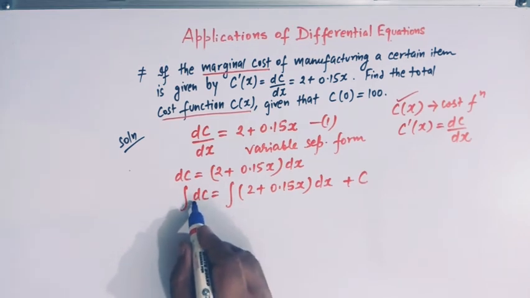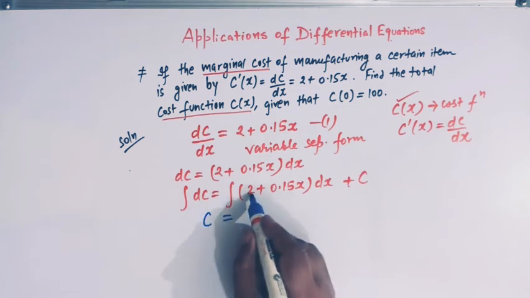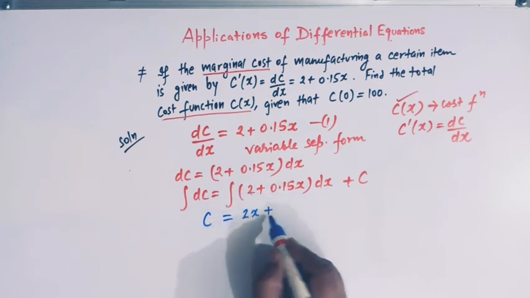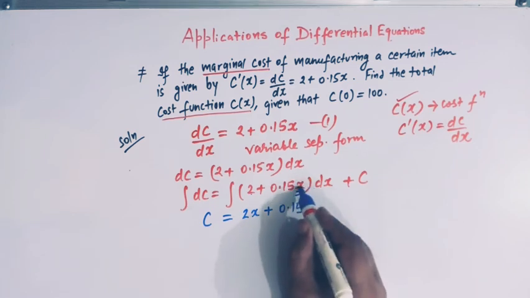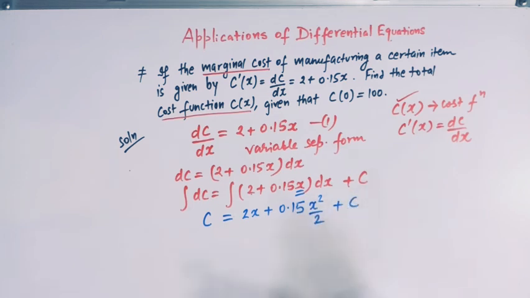Now the integral of dc is c, and the integral of 2 dx is 2x, and this is 0.15, and the integral of x is x square over 2, and here we have c.